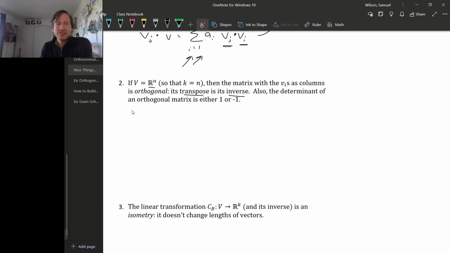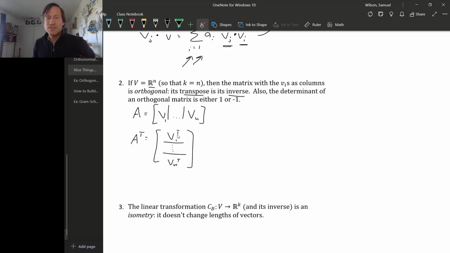So let's check why this is true. The matrix that we're talking about is, we're just stuffing all of these basis vectors into a matrix like this. And so let's look at the transpose. Well, the transpose would have, instead of these basis vectors as columns, them as rows. So we would write v1 transpose, that's the first row, and then on down to the last row, which is vn transpose.